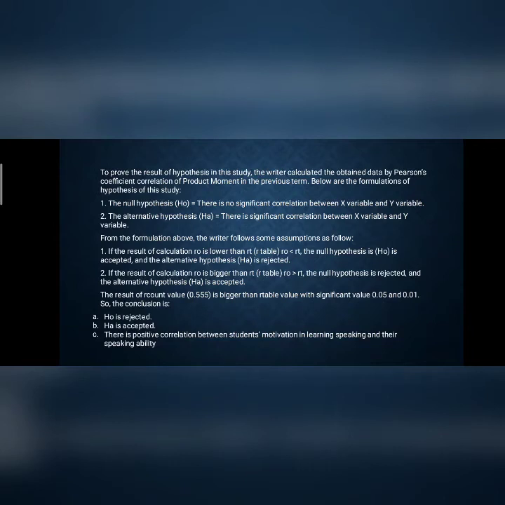The result of the R count value is bigger than the R table value with significant values, so the conclusion is the null hypothesis is rejected and the alternative hypothesis is accepted. There is positive correlation between student motivation in learning speaking and their speaking ability.